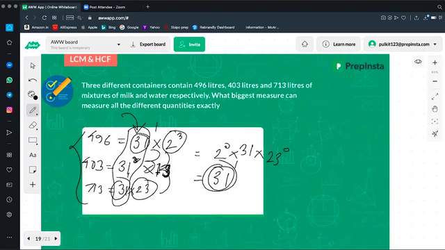Is that clear now, Utkarsh? Yes, Vishnu, minimum power. Minimum power common in all the three. Maximum power which is common.